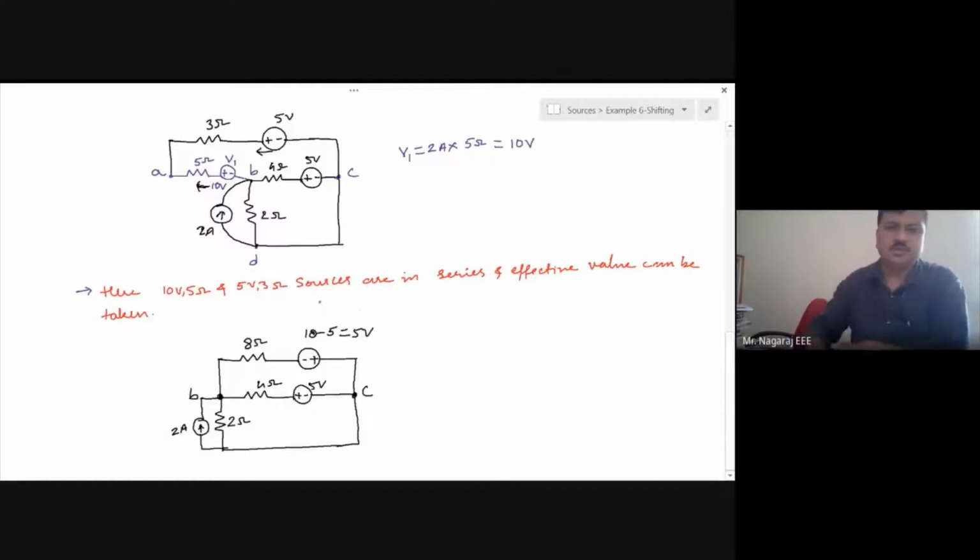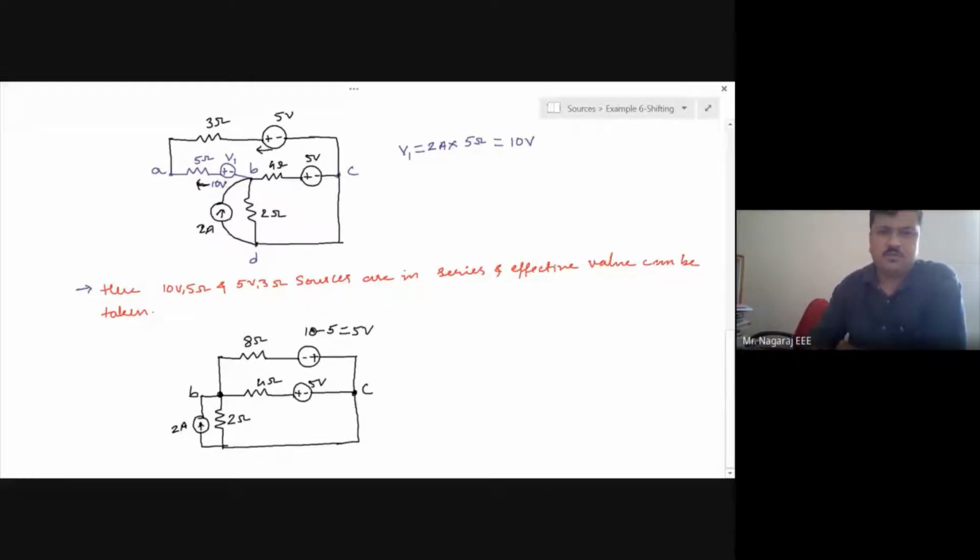Why? Because the polarity of 10 volt should be taken into account, as 10 volt is larger than 5 volt. If you are getting confused, I will redraw this circuit once again.